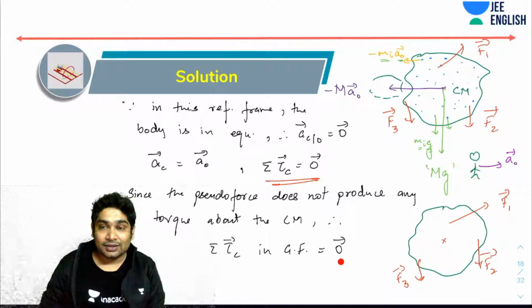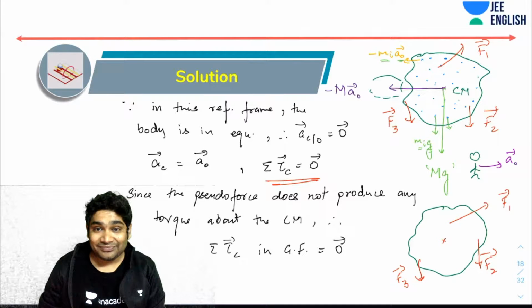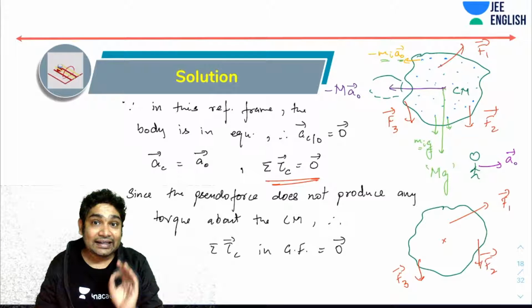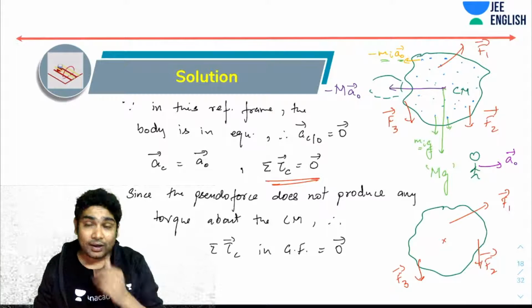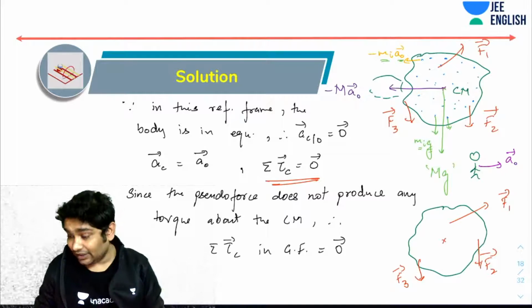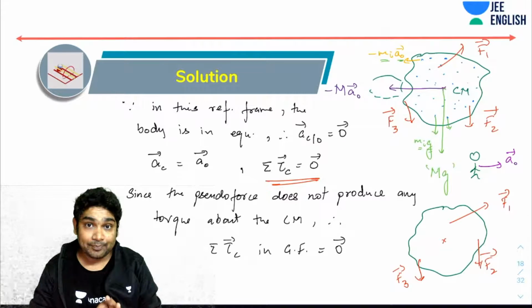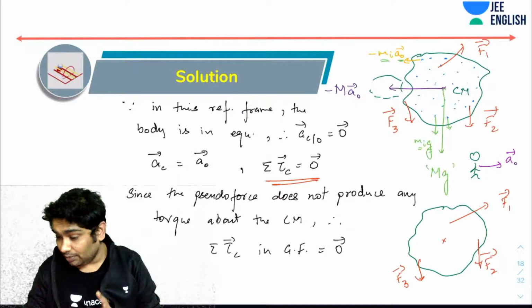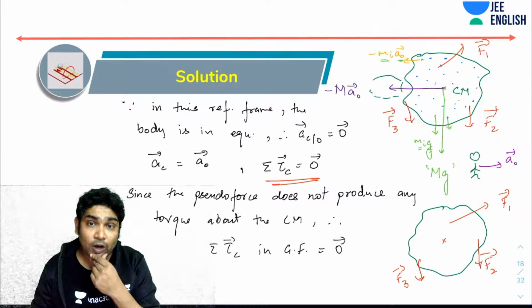Okay. So anyhow, as I was saying, I can definitely say that the net torque about the CM would be 0. Now, can I also say, since the object is in equilibrium, that in this reference frame the torque about any point would be 0?